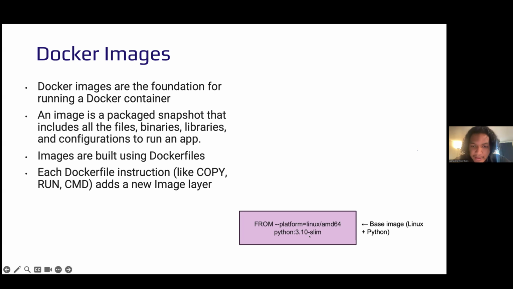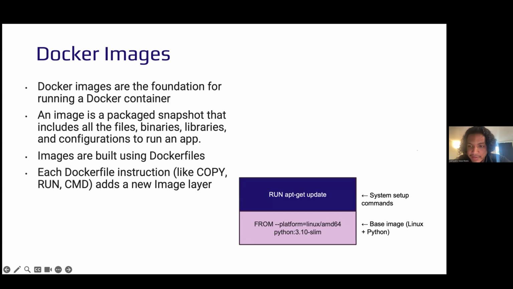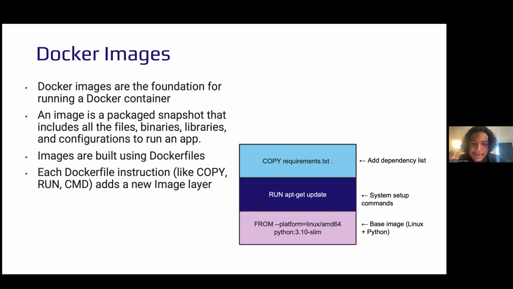we can run some system setup commands like apt-get update. Apt is what you use in Linux to get packages, maybe similar to pip, and you need to update this package manager when you're creating your new image. Then we'll copy our requirements.txt, which I hope you're familiar with, but this is a text file that will include all of the Python packages that are relevant for our pipeline.